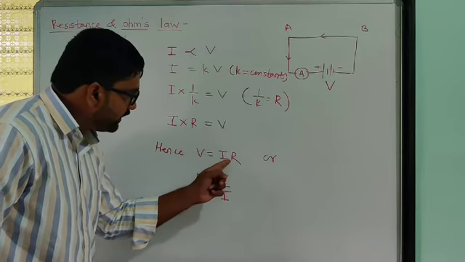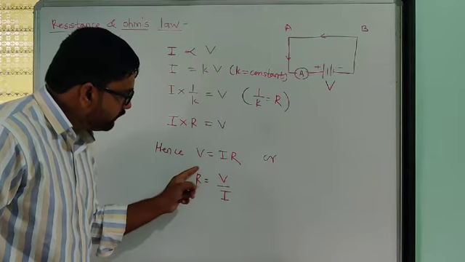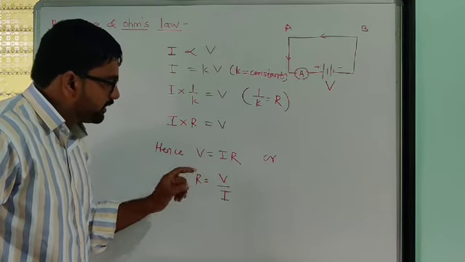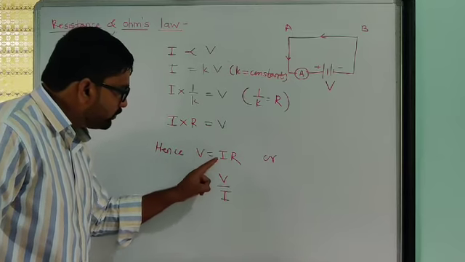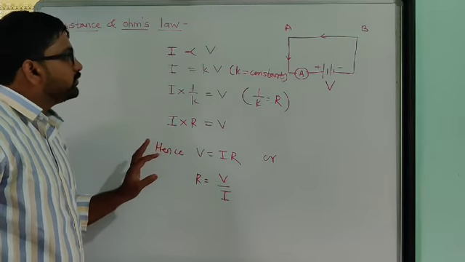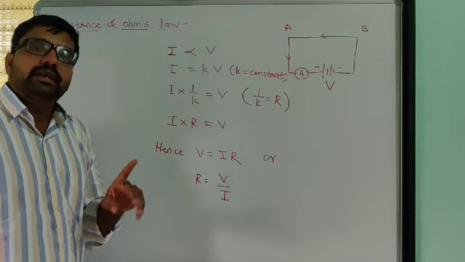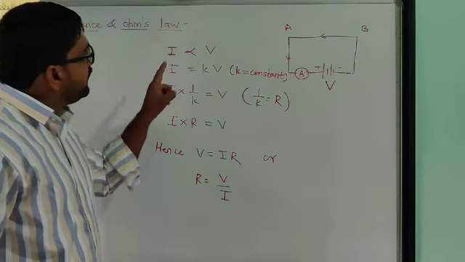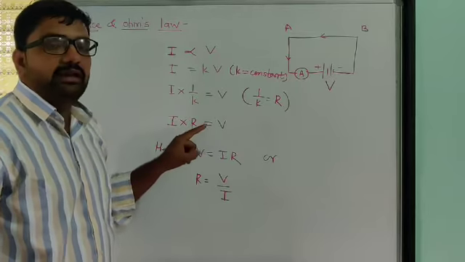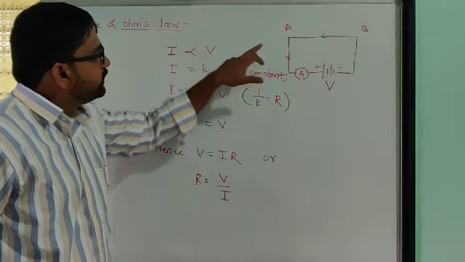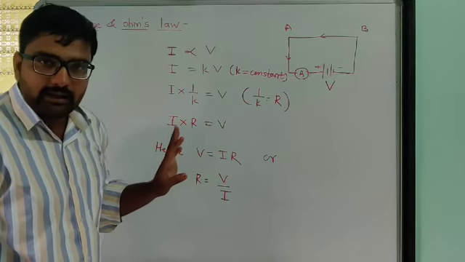Here R is in multiplication; if you move this term to the left hand side, it will become division. So our R will be equal to V by I. First of all, Georg Ohm studied one case: he found that the electric current passing through an electric circuit is directly proportional to the potential difference across the electric conductor.